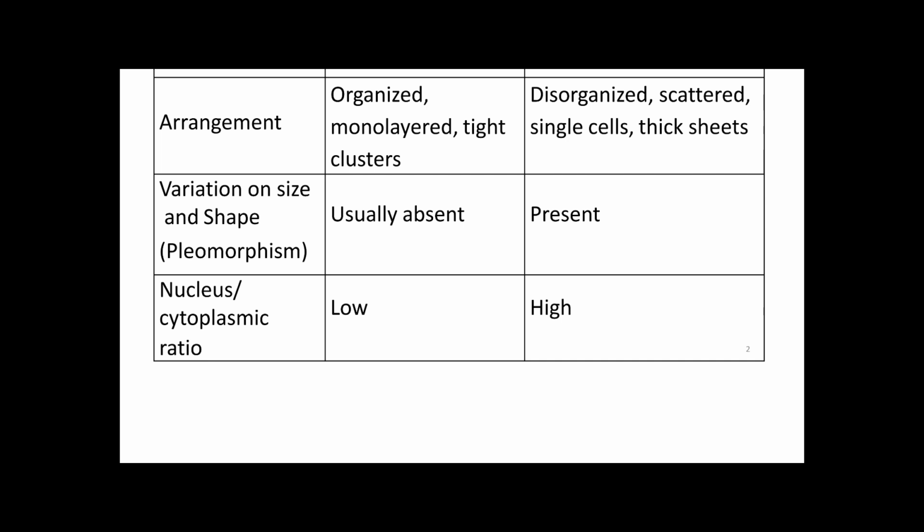Actually, they can divide. They can be involved in mitosis. So the nuclear contents are active and spread like that. So what happened? The nuclear area is higher and the cytoplasmic area is low. So the NC ratio is higher.